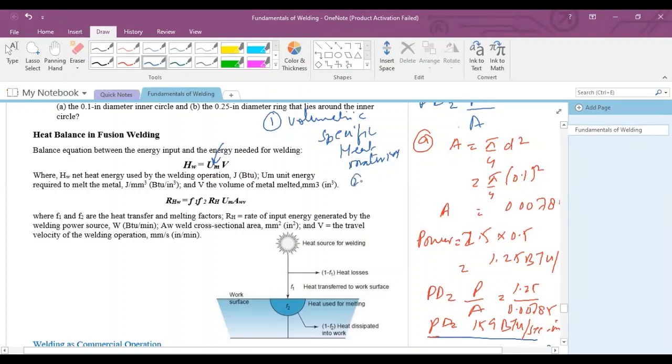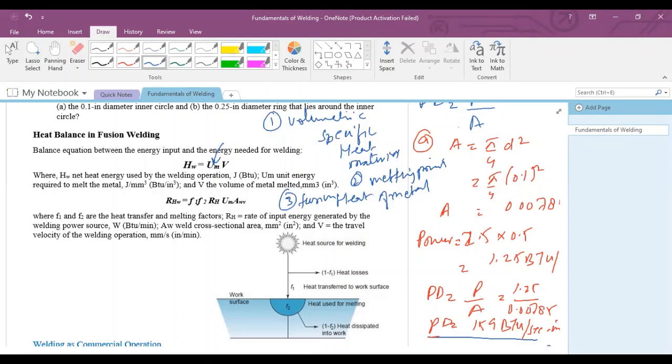The second thing is the melting point of the material or metal. The third thing is the heat of fusion. It is the heat required to melt the metal from solid to liquid state, or the heat required to convert it from solid to liquid state.